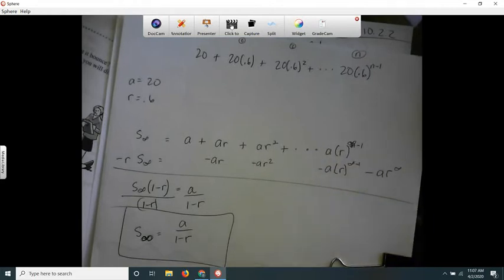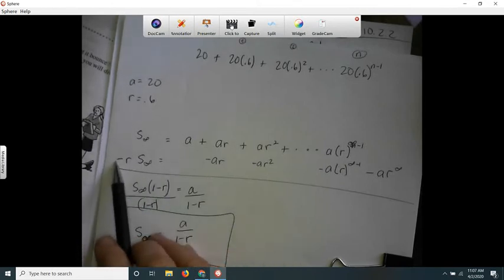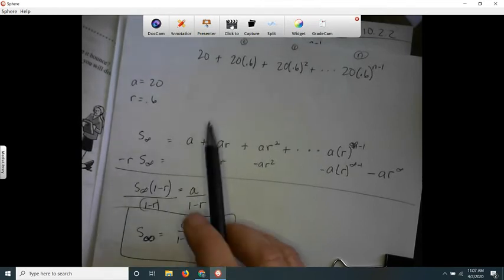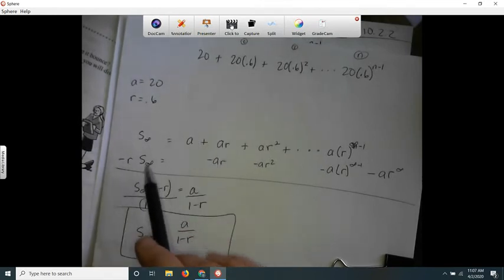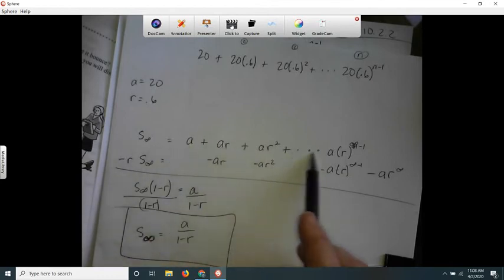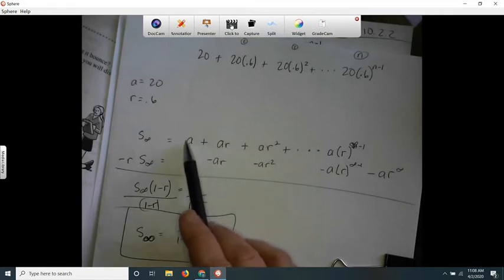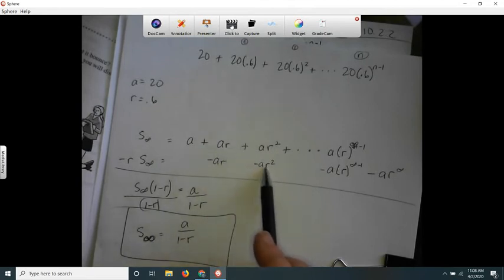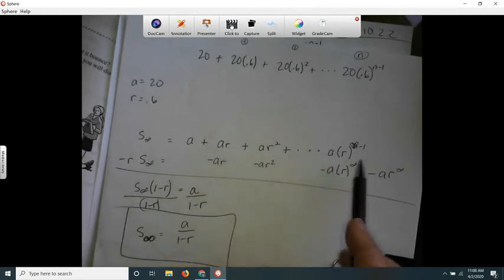And then I'm going to subtract from it r times the series. So instead of subtracting, I'm going to add the opposite. If I times this top series by negative r, then this term times negative r makes that, and this times negative r makes that. There's going to be all these cancellations, right?